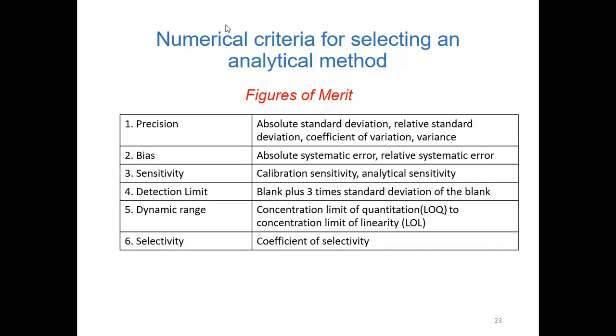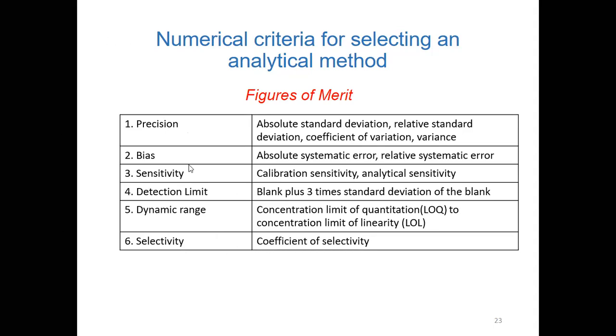That is the new word. So keep in mind, in analytical chemistry we call them figures of merit. So figures of merit are the precision, bias, sensitivity, detection limit, dynamic range, and selectivity.